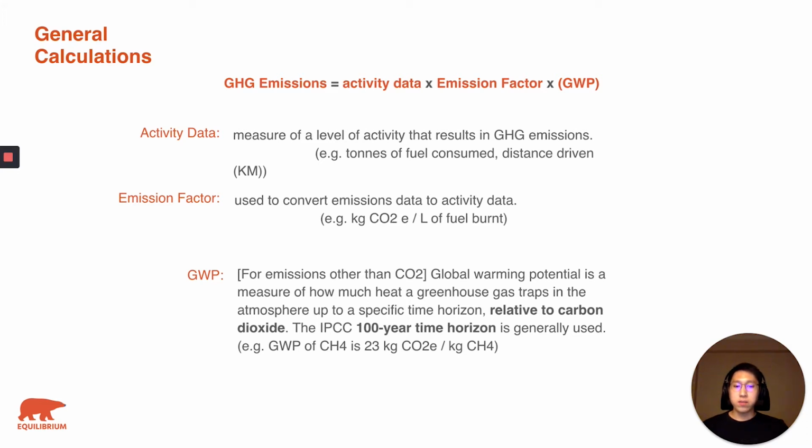Activity data is a measure of a level of activity that results in GHG emissions, like the amount of fuel consumed while driving, while an emission factor is one that is used to convert activity data into emissions data, which sometimes takes the units of CO2 per liter of fuel burnt. Lastly, for emissions other than CO2, a GWP factor has to be applied so that the GHG emissions can be compared on an even level.